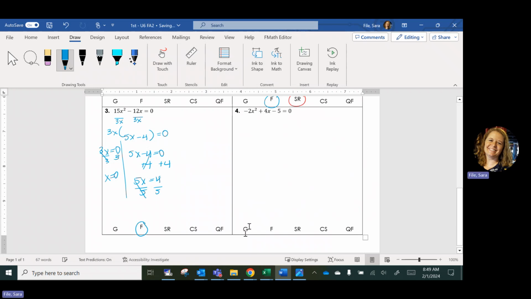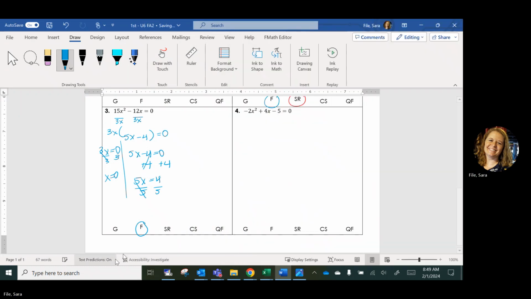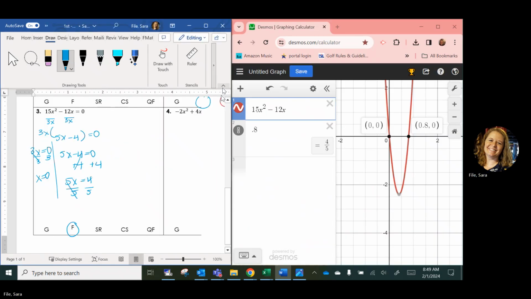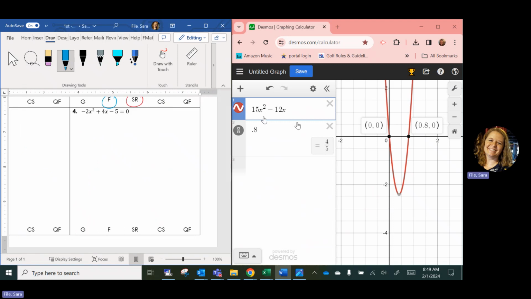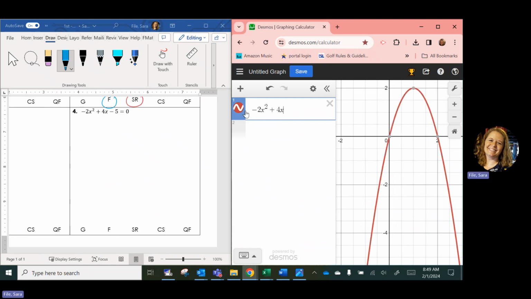Okay, I'm going to initially check this in the calculator and see what it looks like. So I've got -2x squared plus 4x minus 5.